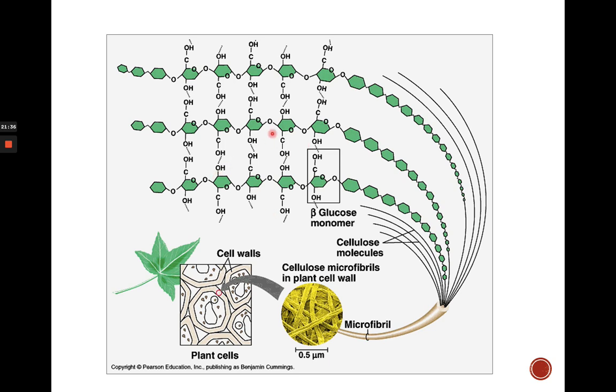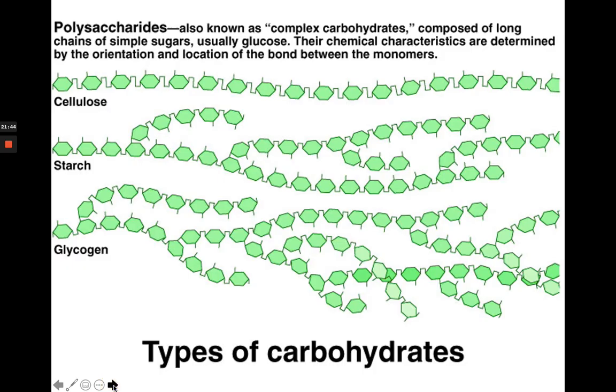Okay, so this would be cellulose here, strings and strings of cellulose that you would find in the cell wall of plants. So just here, the difference again between polysaccharides, right, complex carbohydrates, composed of long chains of simple sugars, usually glucose, and then there's just some examples of them.